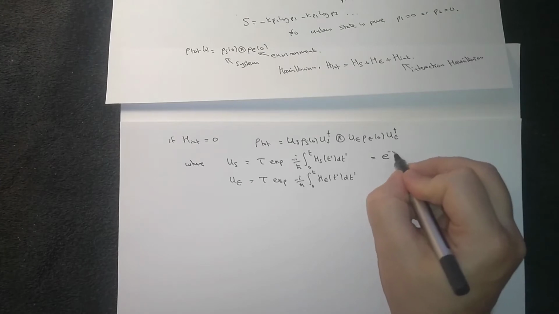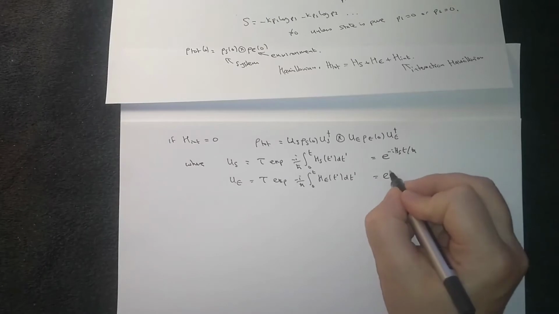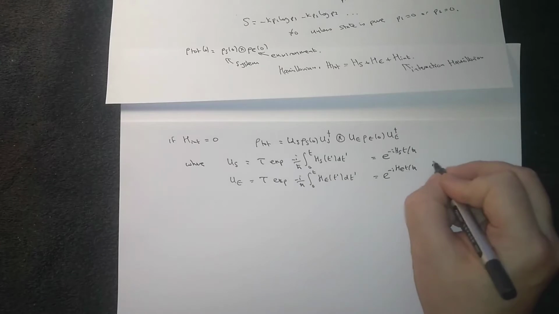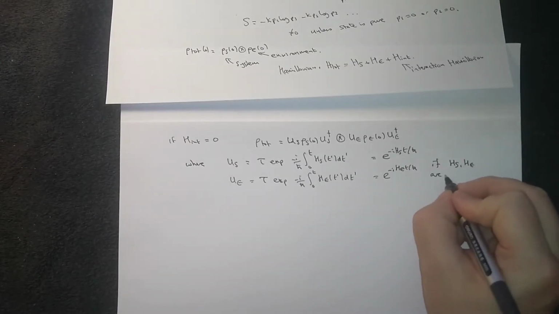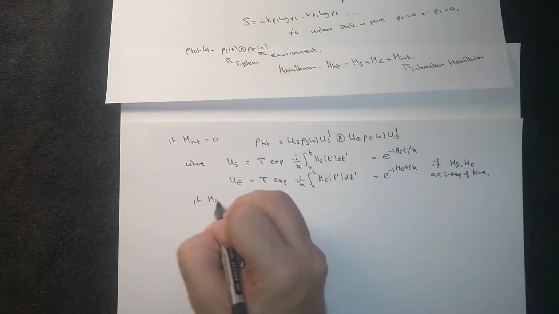That's going to be e to the minus i H_S t over h bar, and e to the minus i H_E t over h bar if H_S and H_E are independent of time. However, if H int is not 0, then there is interaction between the system and its environment, and the simple tensor product form is no longer preserved.